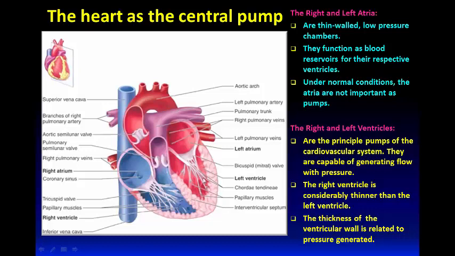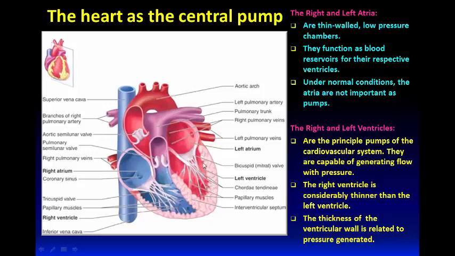So in the heart, we actually have 2 pumps, the right ventricle or the right-sided pump, and the left ventricle or the left-sided pump. It is clear from this diagram that the right ventricle is considerably thinner than the left ventricle.